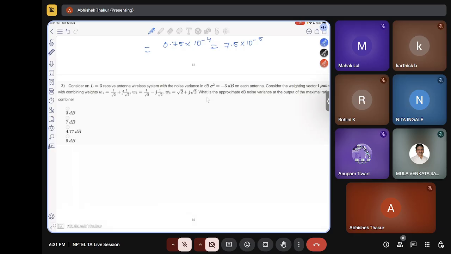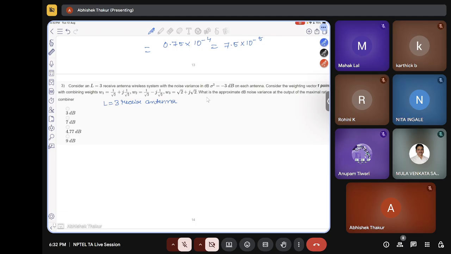Coming to the next question, that is given as, consider an L is equal to 3 receive antenna wireless system. So here L is equal to 3 receive antenna. So this means there are 3 receivers at the user terminal.